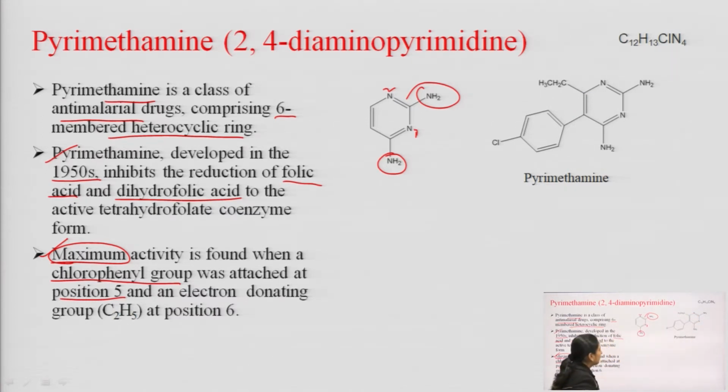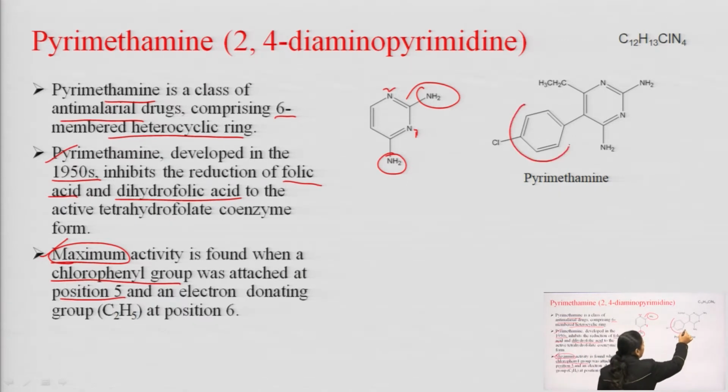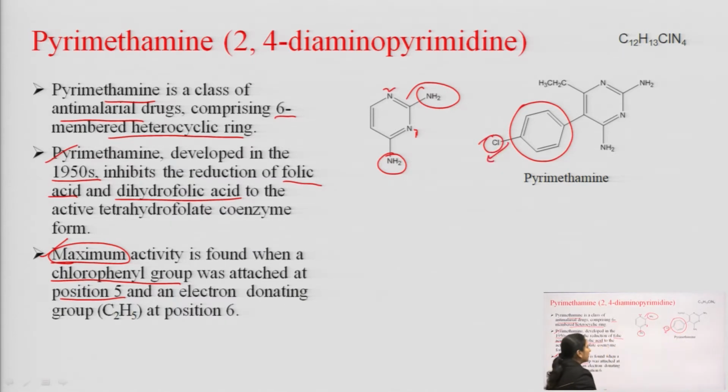We find that the maximum activity is shown when there is an attachment of a chlorophenyl group. Phenyl means this is a phenyl ring, and a phenyl ring with a chloro substitution gives the chlorophenyl group, attached at position 5, and an electron donating group, that is C2H5, at position 6.